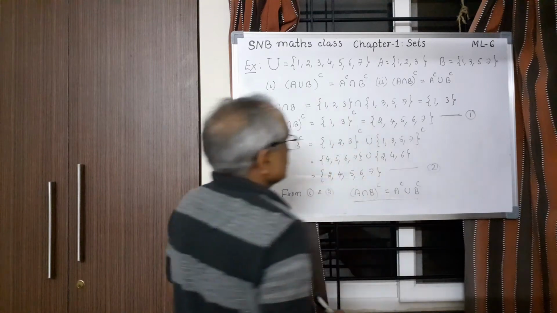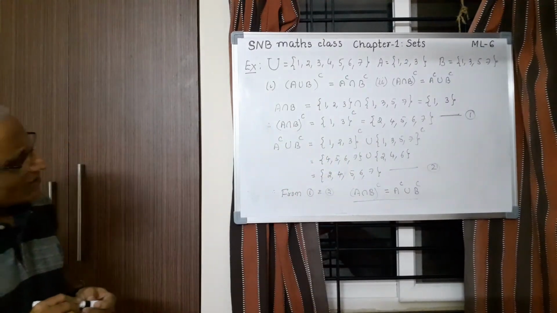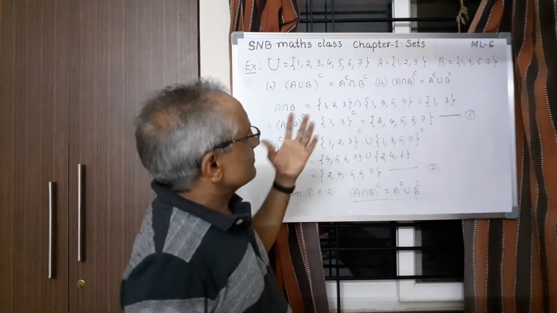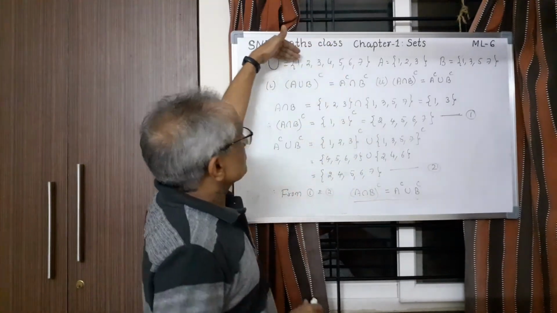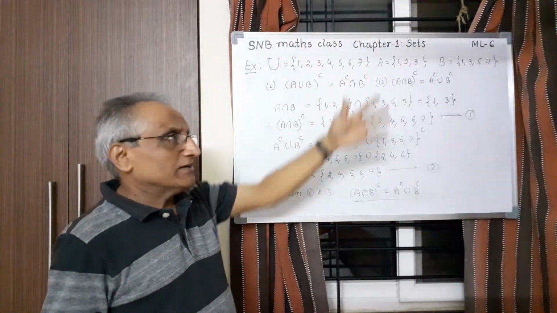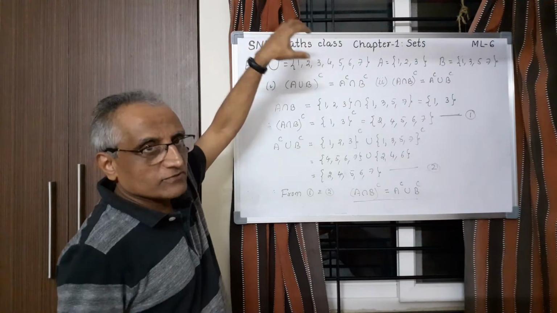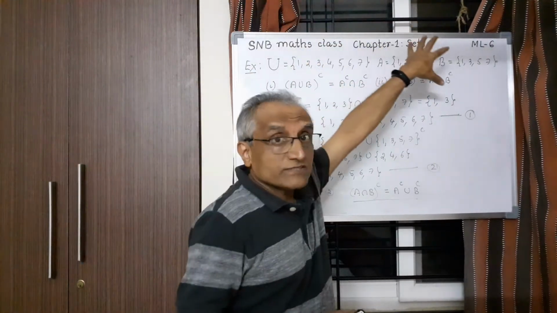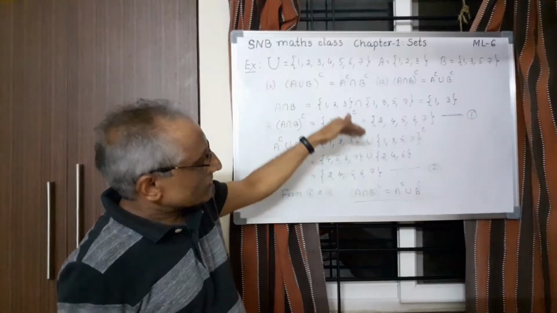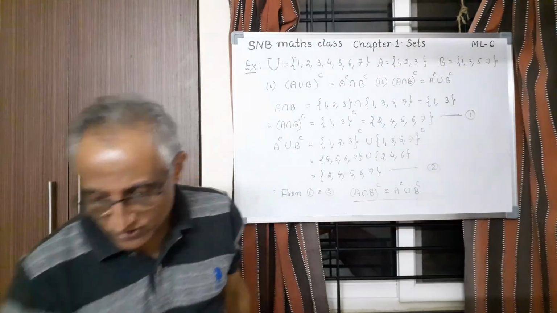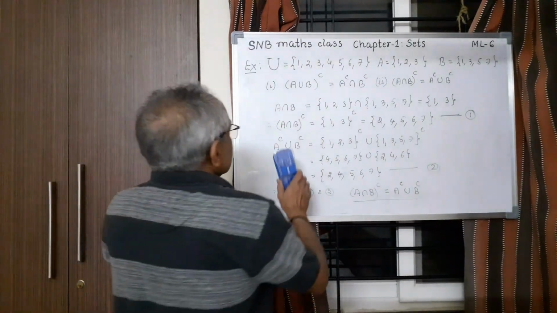So these are the two De Morgan's law rules. Normally questions will be like this. Sometimes examples can be given with U, A, and B. Otherwise, verify means you yourself can take some universal set, take two subsets of the same universal set, then prove it like this. So this is De Morgan's law.